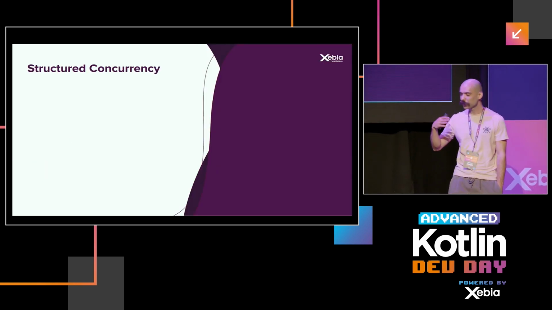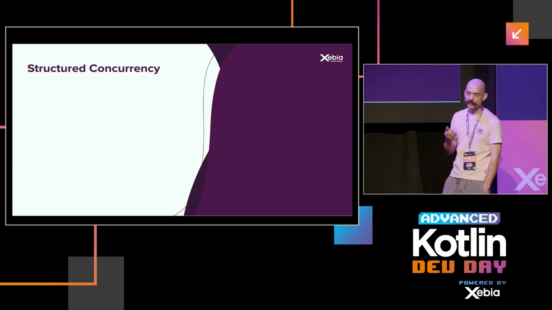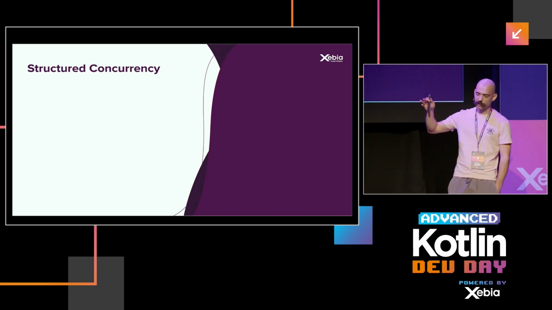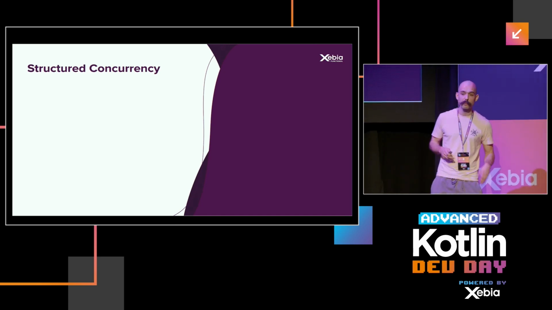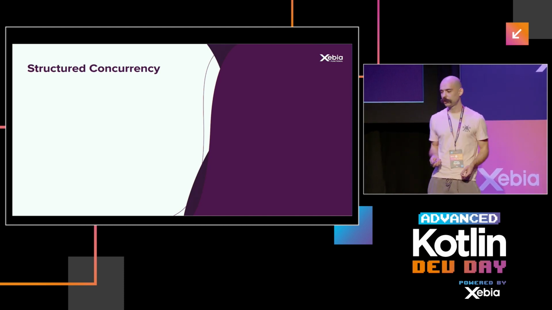So before we go further, let's recap what is structured concurrency. Structured concurrency is a term and a technique that has been popularized by Kotlin and kotlinx.coroutines. It's a technique that we've been using in functional programming for a very long time. It's basically a mechanism to make sure that you're not leaking any processes.